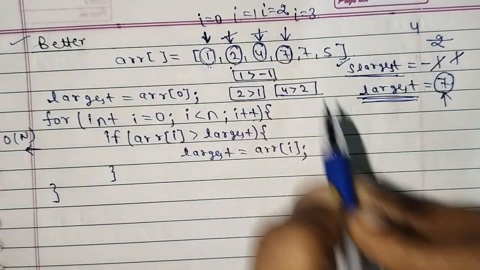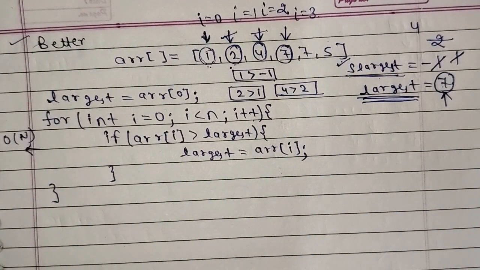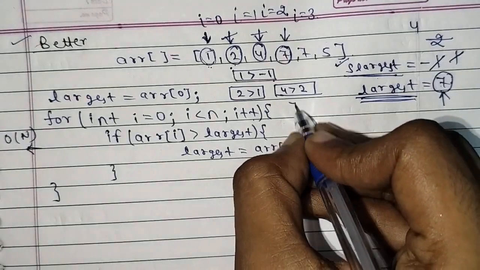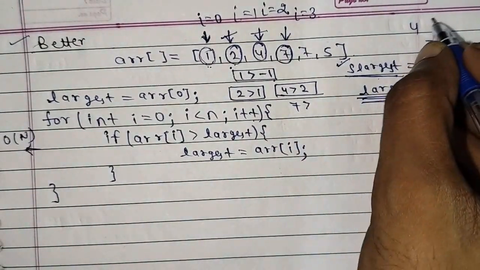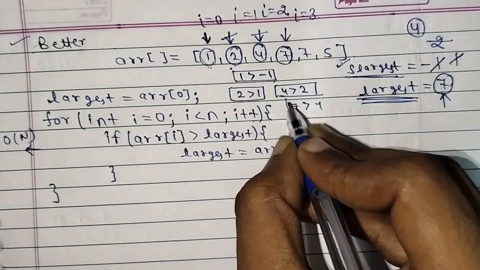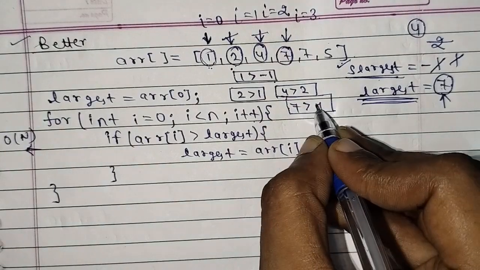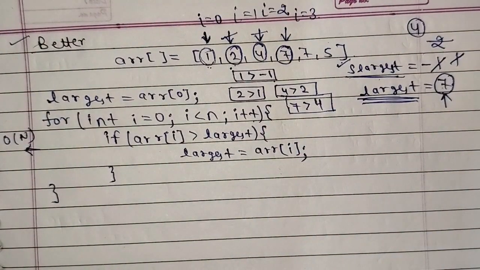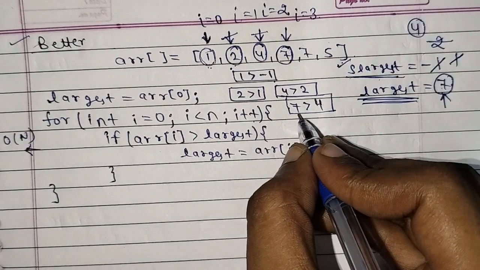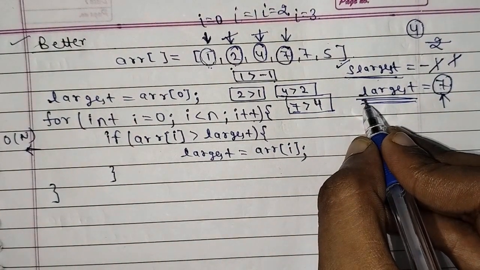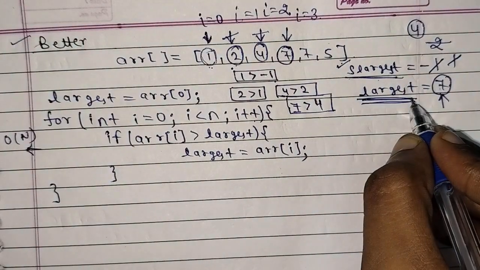Here the element is 7. Let's compare this element with the second largest. Are you greater than second largest? Yes, 7 is always greater than 4. We also compare at the same time: is 7 not equal to largest?